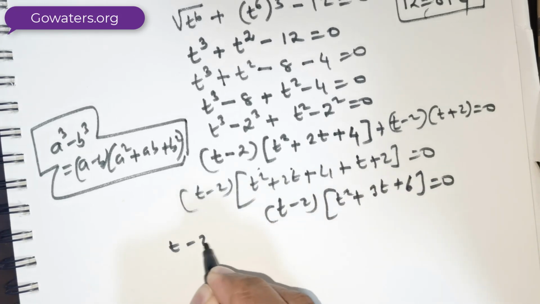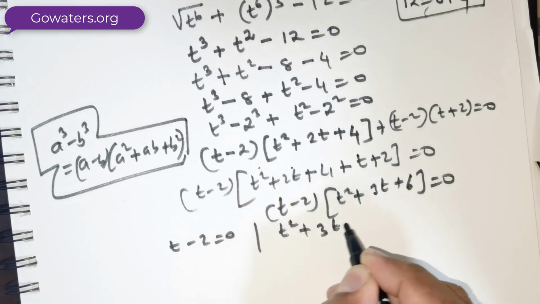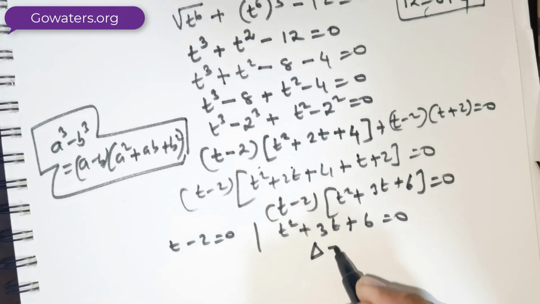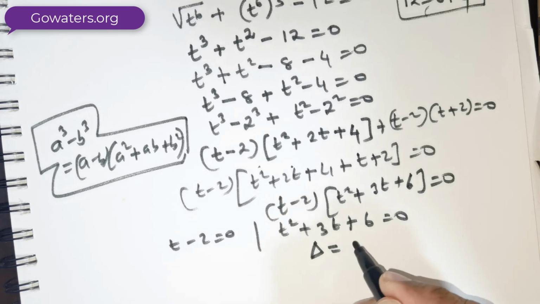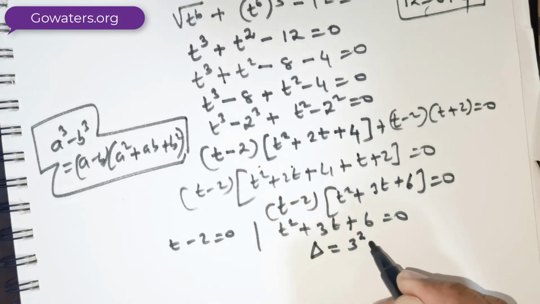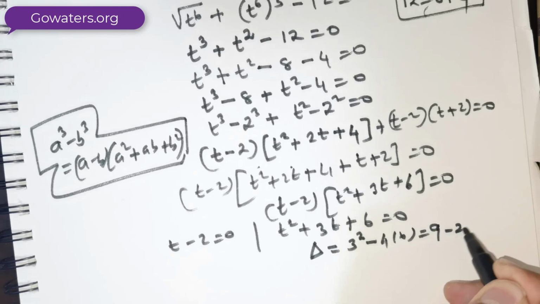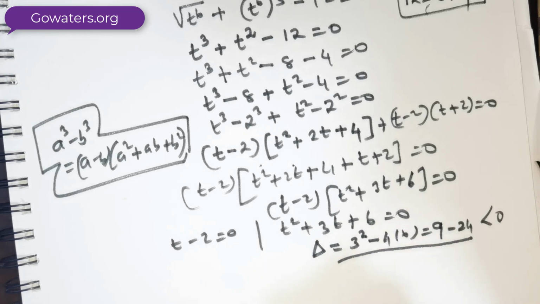So from here t minus 2 is equal to 0, or t squared plus 3t plus 6 is equal to 0. Now if you were to take the discriminant, you will see the discriminant is 3 squared minus 4 times 6, which is nothing but 9 minus 24, which is going to be less than 0.